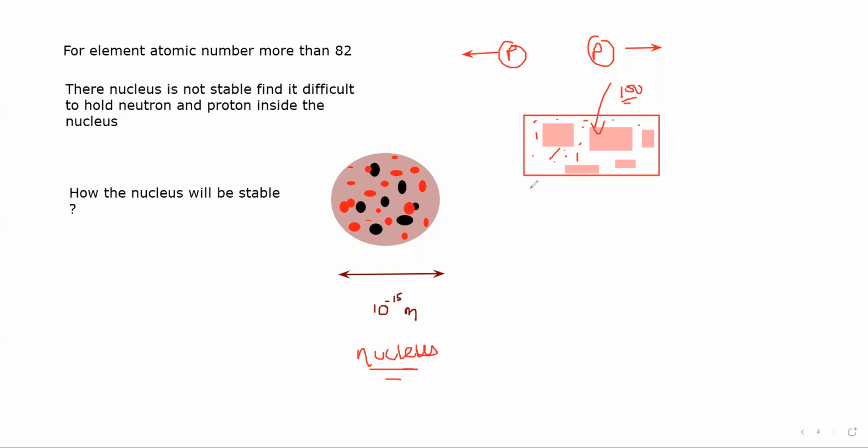It creates chaos, it will not be stable or able to hold these people inside. The same thing happens, the nucleus finds it difficult to hold these particles inside. So then what does it start to do? It starts to emit out the particles.